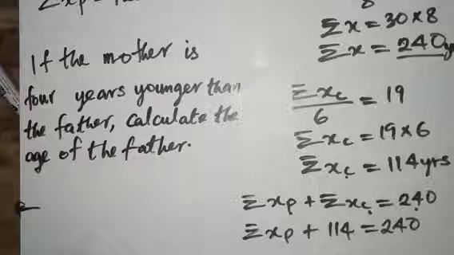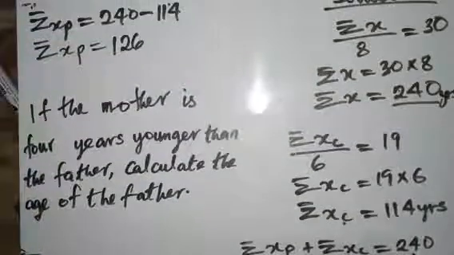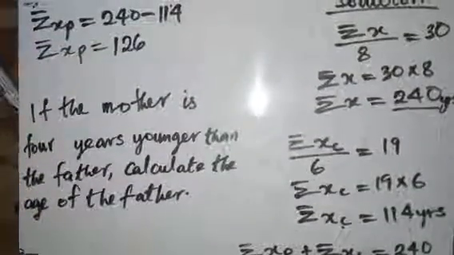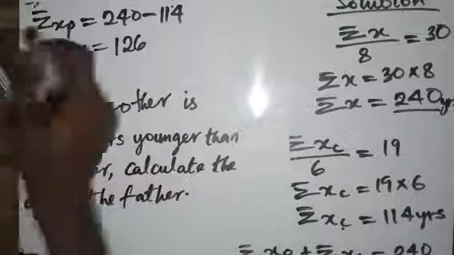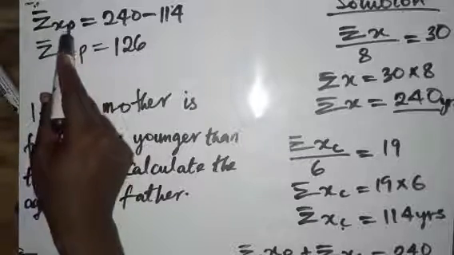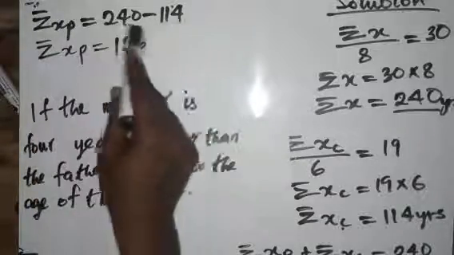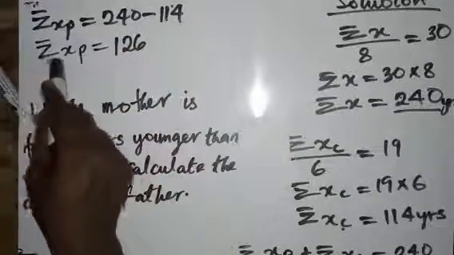Let me bring it down so that it can be seen clearly. So we just find the difference: the sum of the parents' age is going to be 240 minus 114, and the subtraction gives me this.